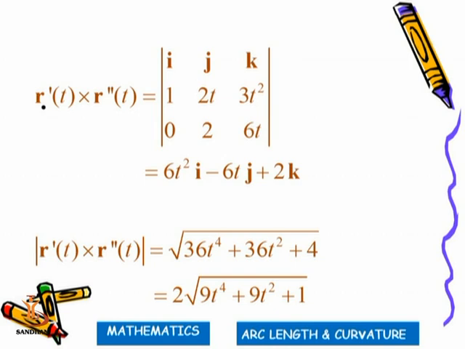We take the coordinates of r dash as 1, 2t, 3t square and the coordinates of r double dash as 0, 2, 6t. Simplifying this determinant, we have 6t square i minus 6t j plus 2k. So |r dash cross r double dash|(t) is the square root of 36t raised to 4 plus 36t square plus 4. So we have this answer.